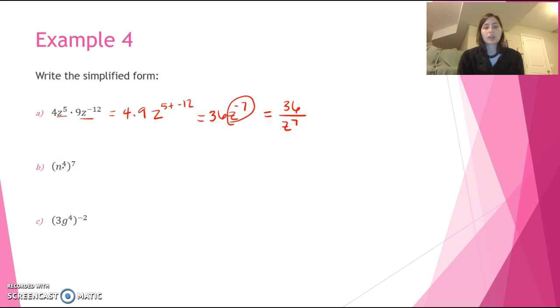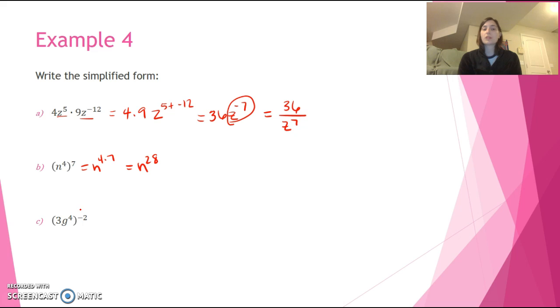Here, we just have that power to a power. So I'm going to do n to the 4 times 7. So we have n to the 28th power. And then on here, there's multiple ways I can do this. I have a product going on in here, so a power of products. I can do this one of two ways.